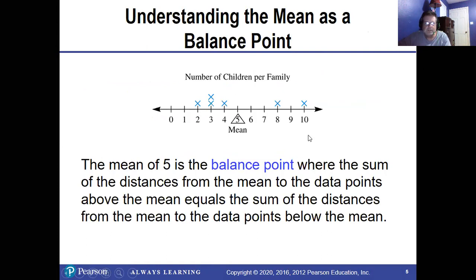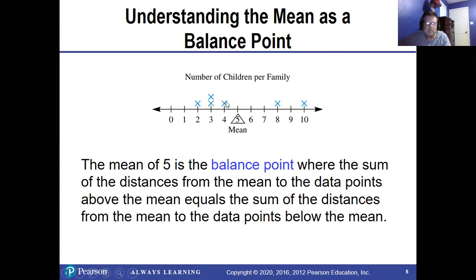All right, so when we find the mean, it says the mean of 5 is the balance point, where the sum of the distances from the mean to the data points above the mean equals the sum of the distances from the mean to the data points below the mean.